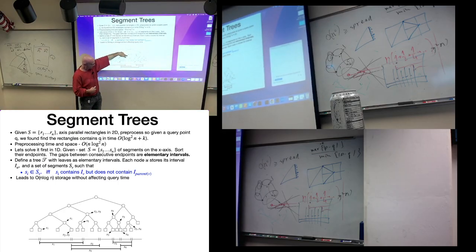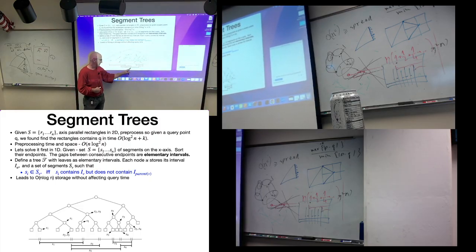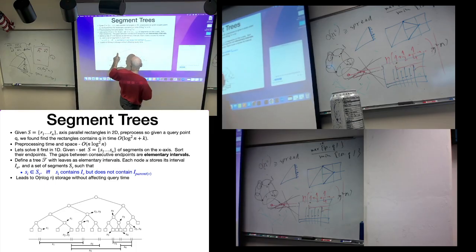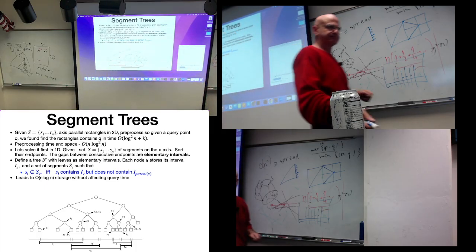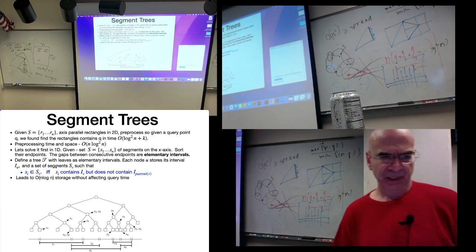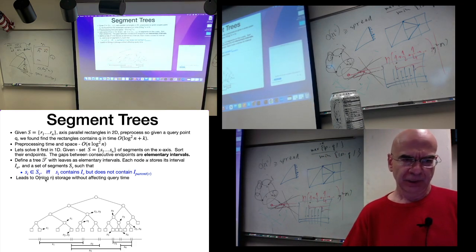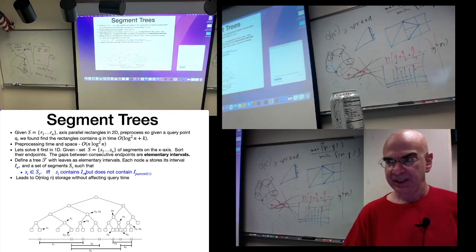The interval that this node corresponds to is contained inside these segments, but the interval of the parent is not inside S5 nor inside S2, so they are not stored over here. So we had this rule: Si is stored inside the set of nodes of V if Si contains the interval of V, but Si does not contain the interval of the parent of V.